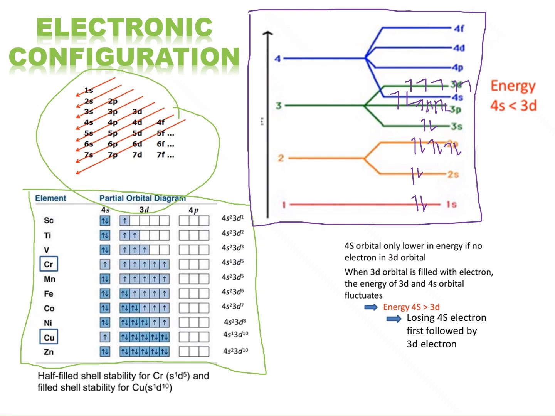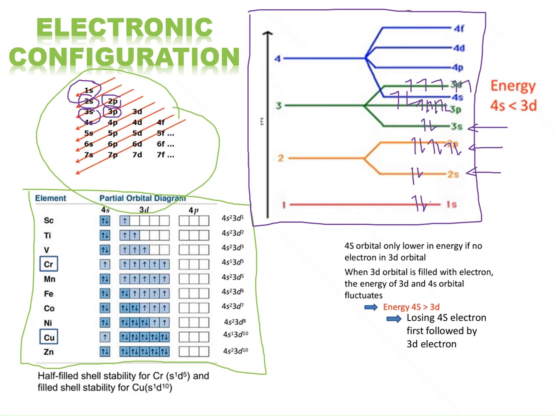So if you look at the Aufbau principle, the Aufbau diagram, we start with 1s, and then 2s, just like this diagram, followed by 2p, and then 3s, we follow the diagram.